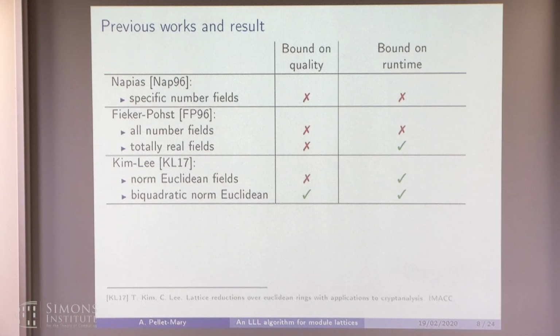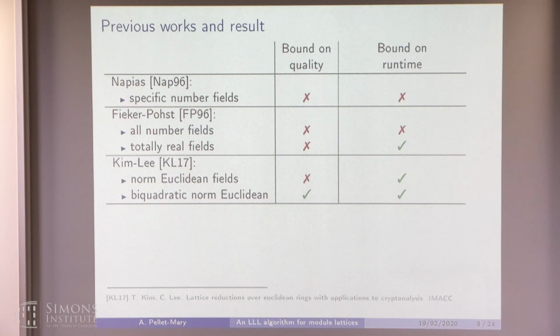What they do is they see the modules as lattices over Z, do LLL there, and then reconstruct a basis of the module. I could probably have put it there also, but the shortness is going to be exponential in the dimension over Z. And here I'm really interested in something exponential only in the rank of the module.